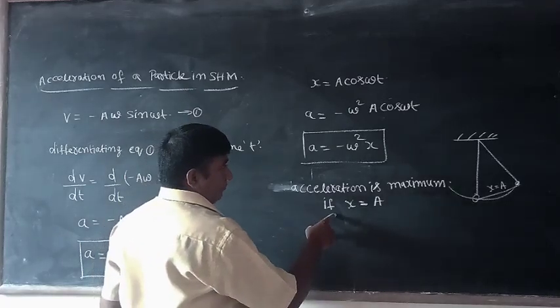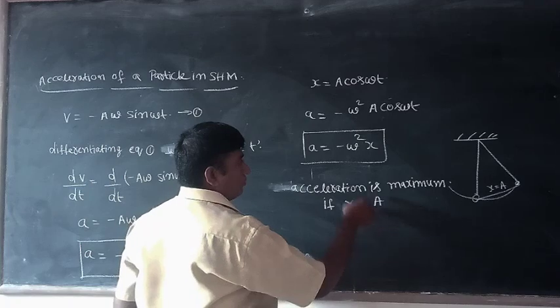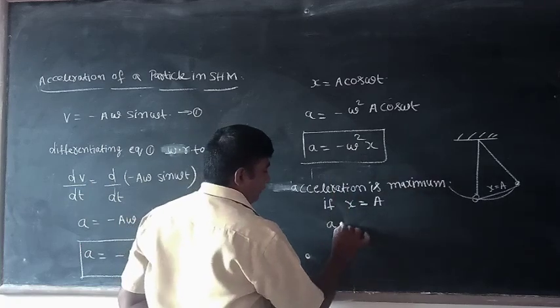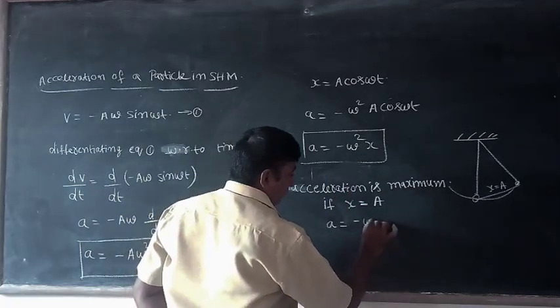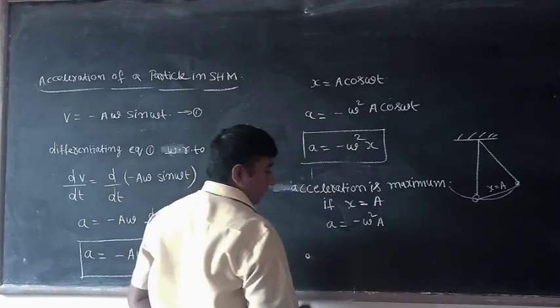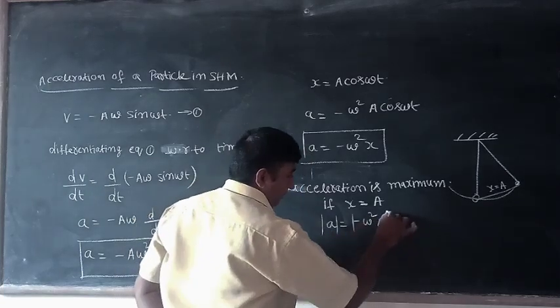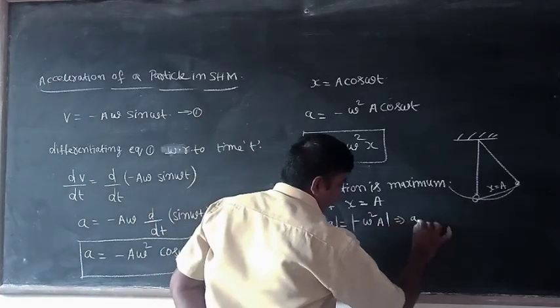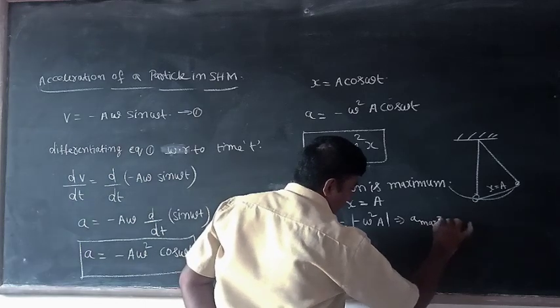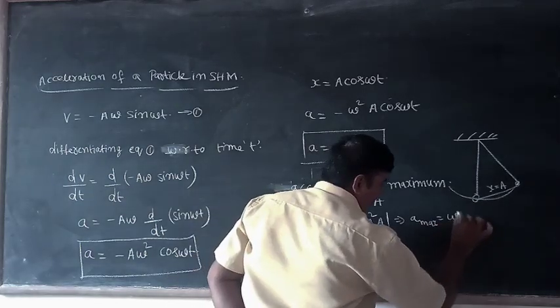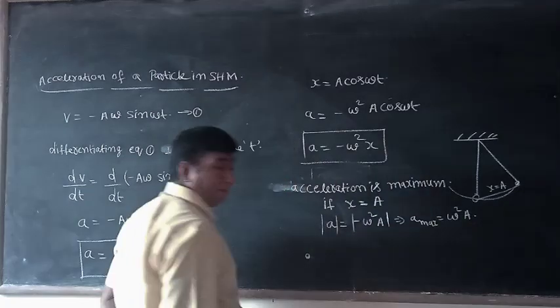So if x is equal to a, the acceleration a is equal to minus omega square a, but in terms of magnitude, a maximum is equal to omega square a.